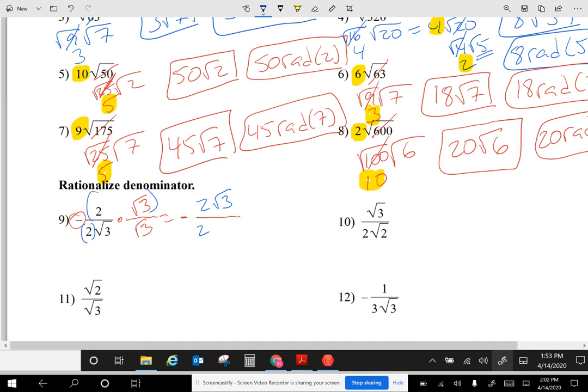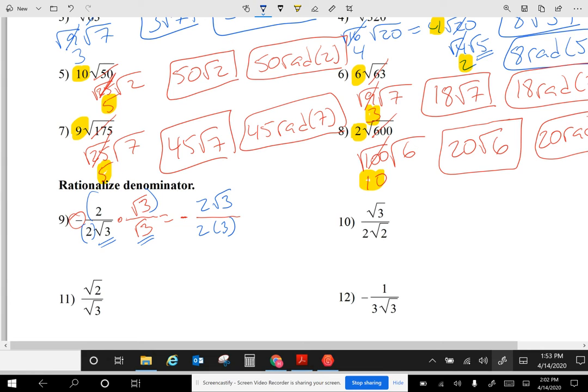I have a 2 to begin with. Now radical 3 times radical 3 gives me radical 9. But what's the square root of 9? It's just 3. When you multiply a radical by itself, you just get the number on the inside. You're going to get rid of the radical sign.